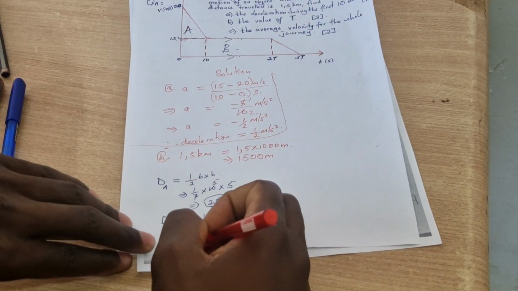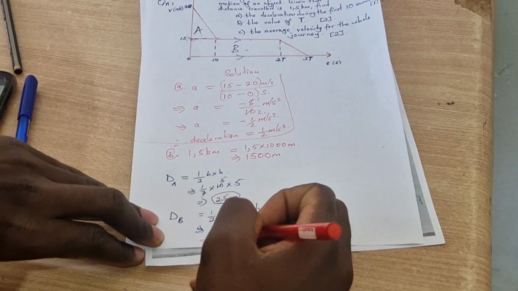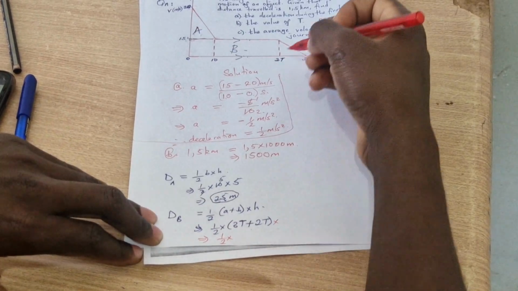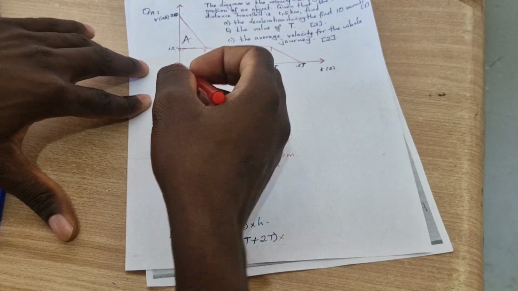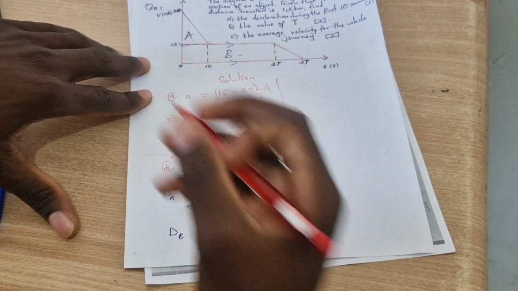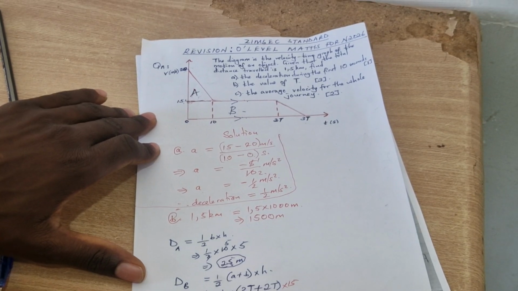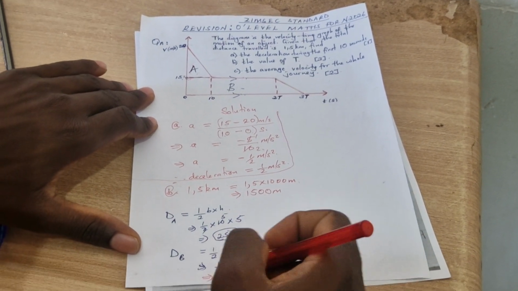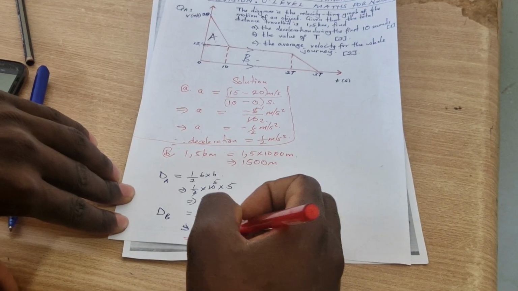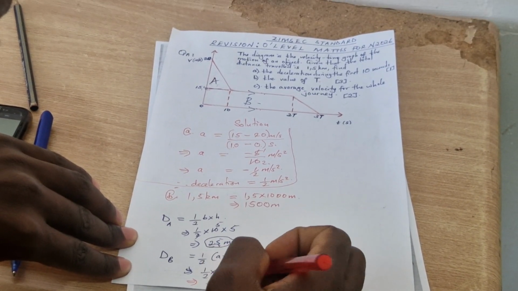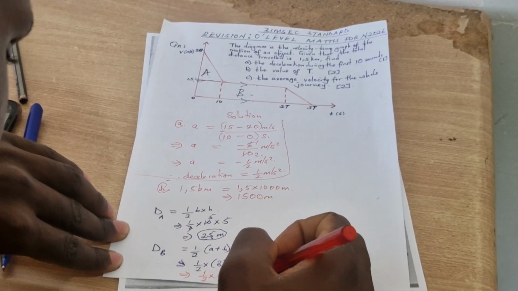Then we now say 1 over 2 multiplied by, for the perpendicular height, the distance from this point to this point, it's given on the vertical axis, it's 15. So multiplied by 15. So we now simplify 3t plus 2t, it's 5t. 5t, then we have 15 here.